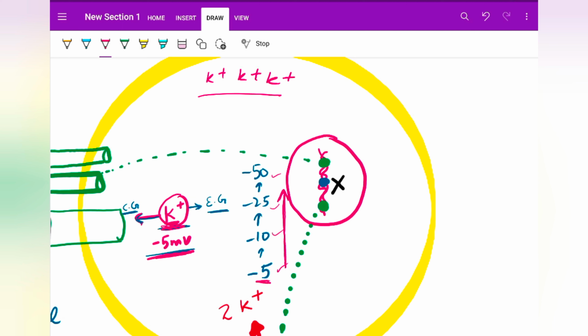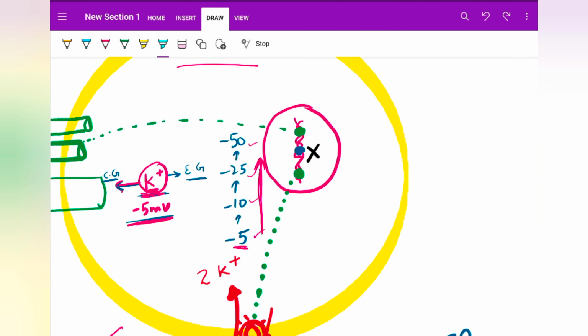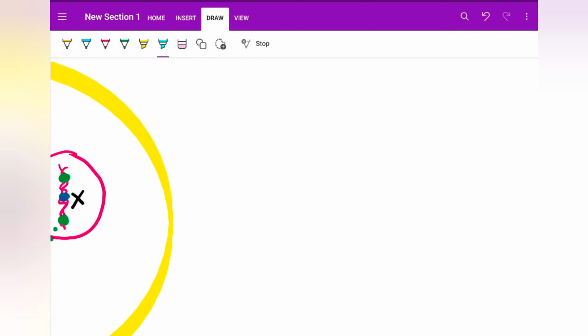It is very easy to understand that the K plus concentration across the membrane was different and the membrane was permeable to K plus. So K plus was moving out, and when it was moving out, the potential in the membrane was changing. Now this electrical potential which is building up, or developing, due to diffusion of this K plus is called diffusion potential.